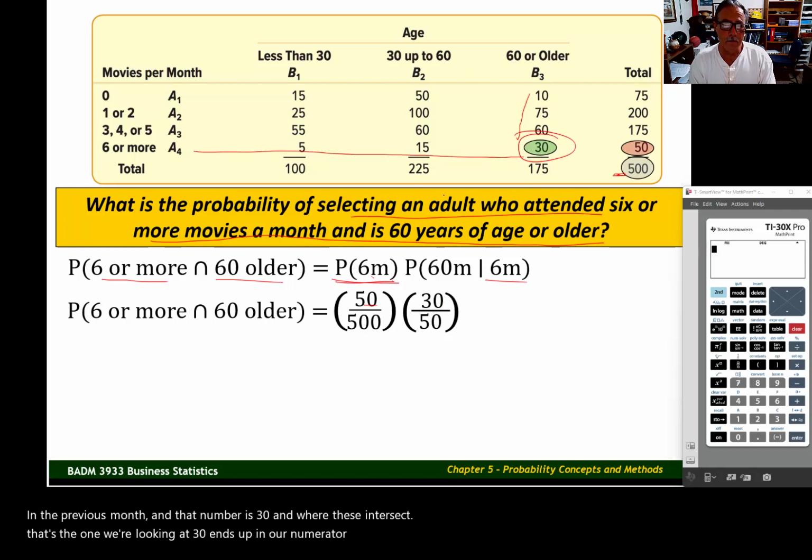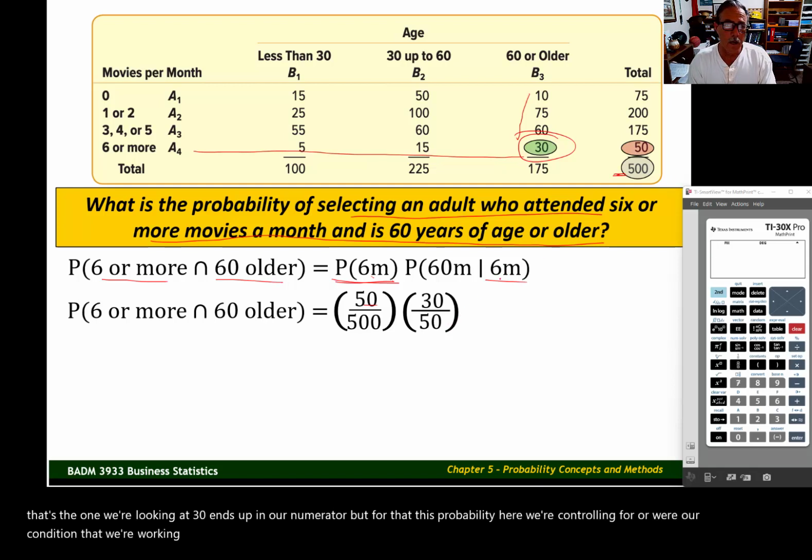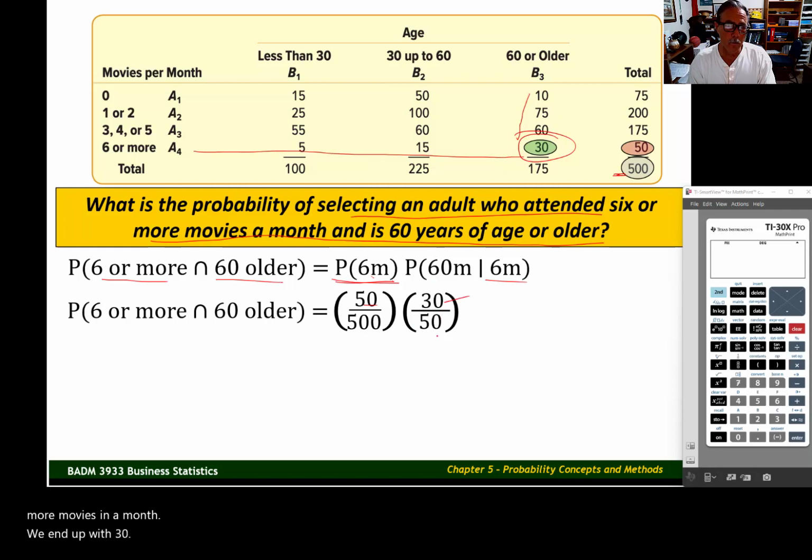But for this probability here, the condition that we're working with is 6 or more movies in a month. So our denominator is going to be the row total for 6 or more movies in a month. We end up with 30 in the numerator and 50 in the denominator.